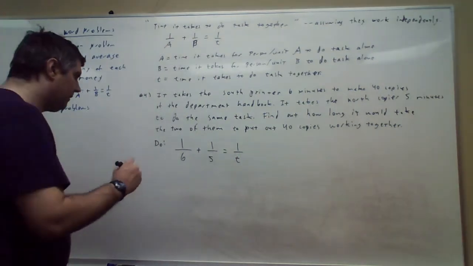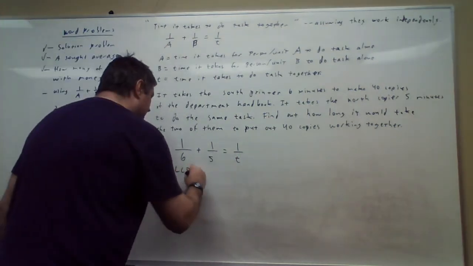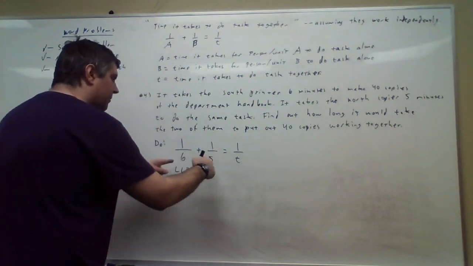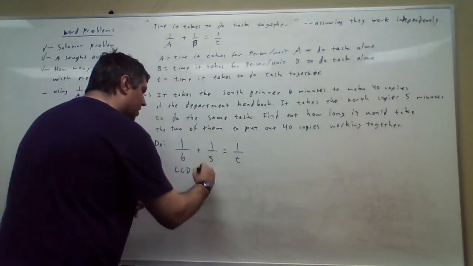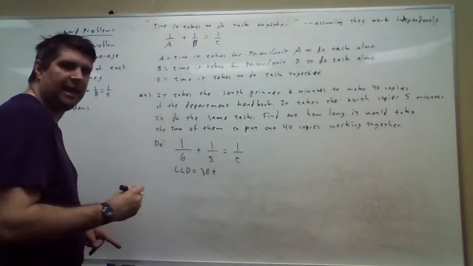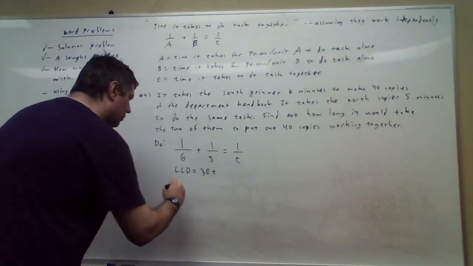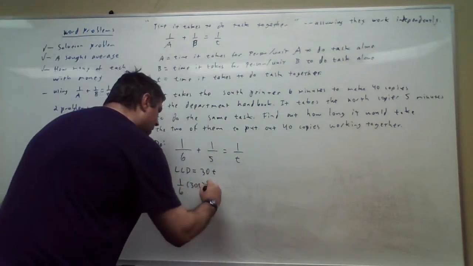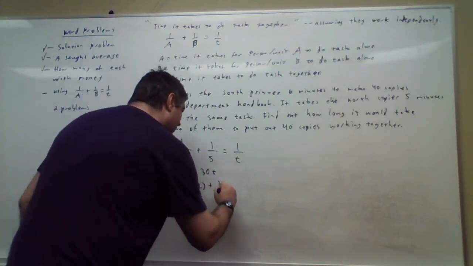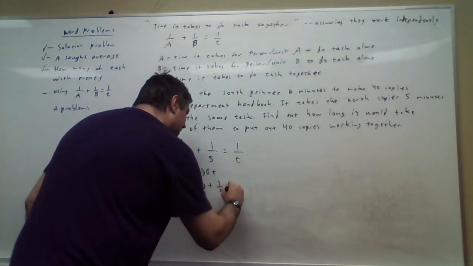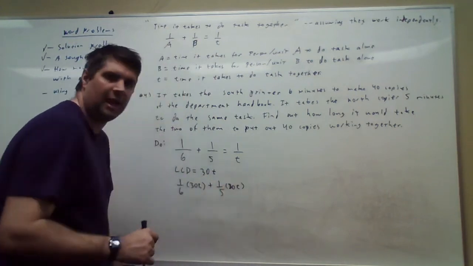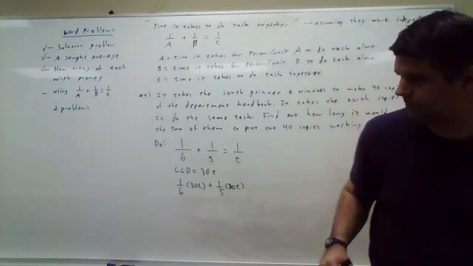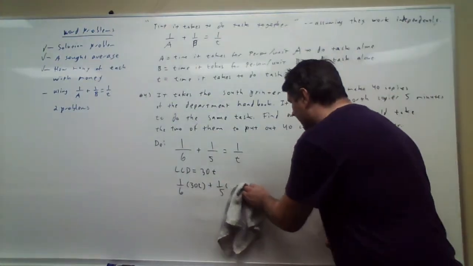Okay? Well, the LCD of this fraction, the least common denominator of 6 and 5 is 30. You're going to need to tack on the T. So we will now take 1/6 times 30T plus 1/5 times 30T equals 1 over T times 30T. I'm going to switch sides and try to write that more neatly.